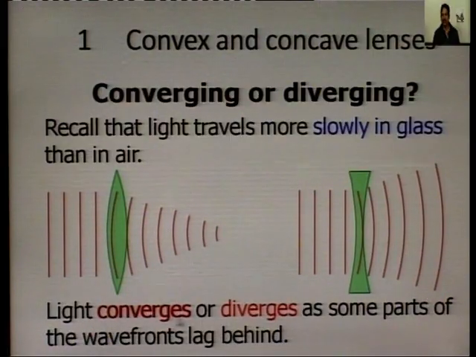So, light converges or diverges as some part of the wavefront lags behind the other parts of the wavefront. In case of convex lens, the central part of the wavefront lags behind the outer parts of the wavefront.